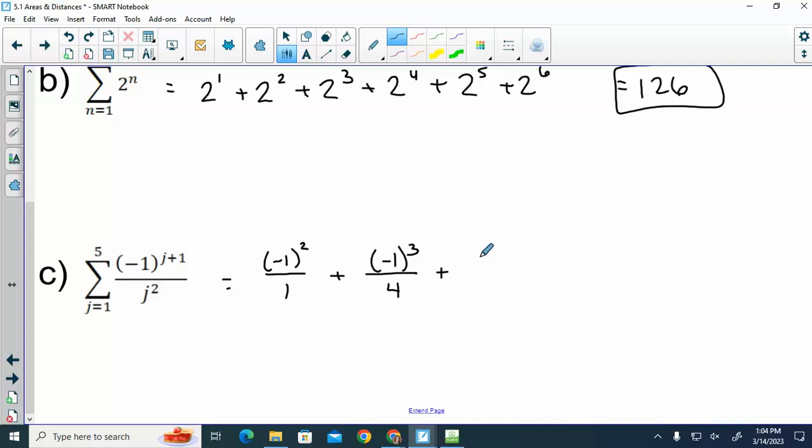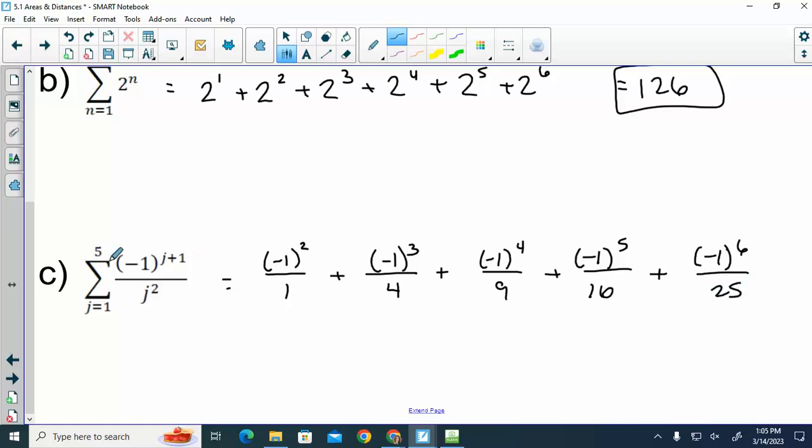If j equals 3, we get a negative 1 to the 4th over 9. j equals 4, we get a negative 1 to the 5th over 16. j equals 5, we get a negative 1 to the 6th over 25.